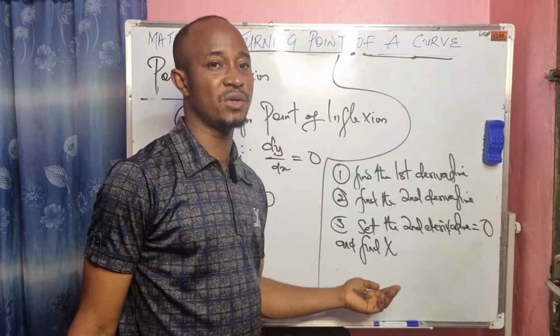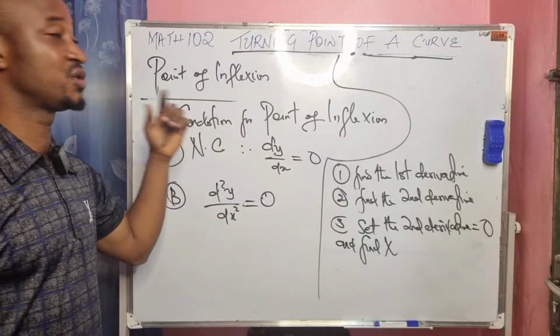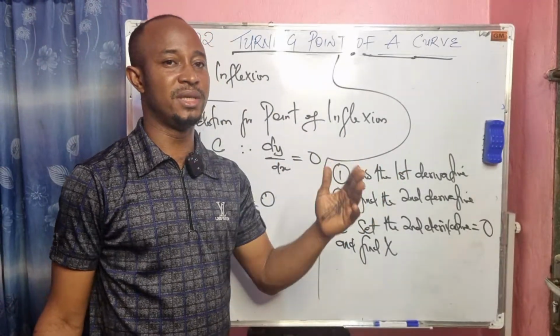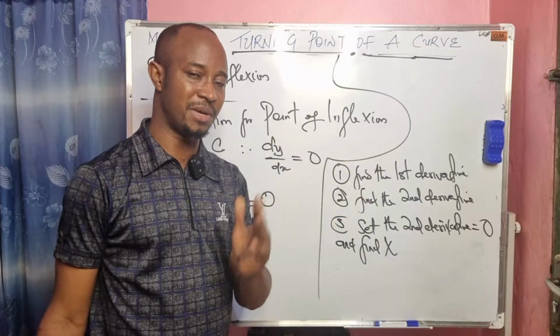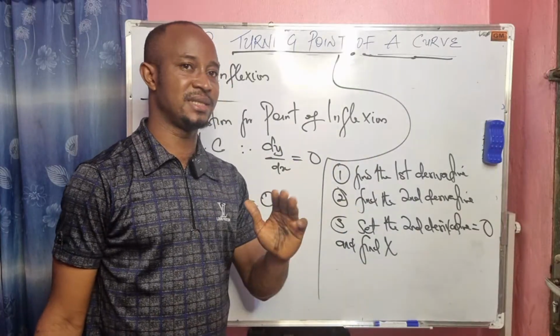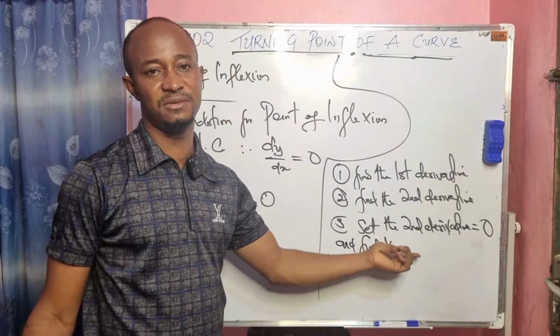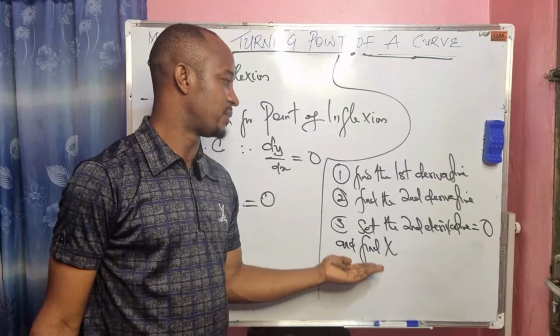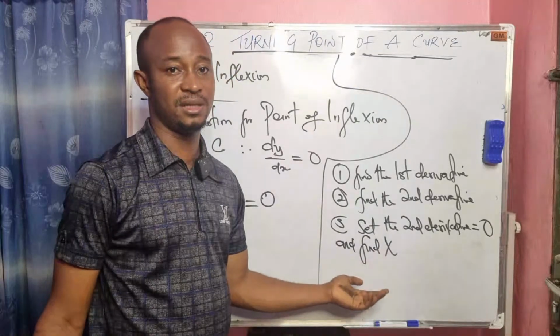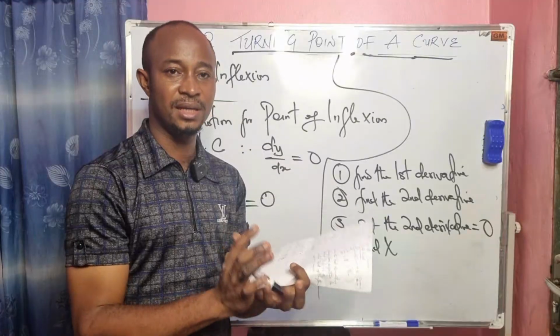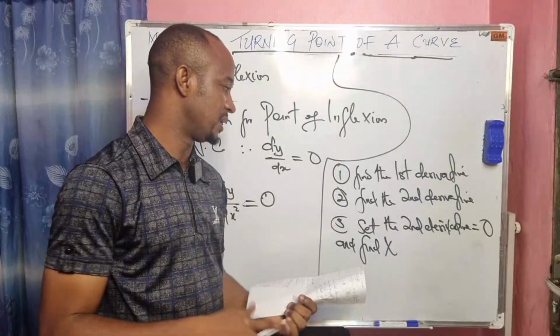That value of x we got, we substitute back into the original function to find y, just the same way we did for minimum and maximum, except here we differentiate down to the second derivative.